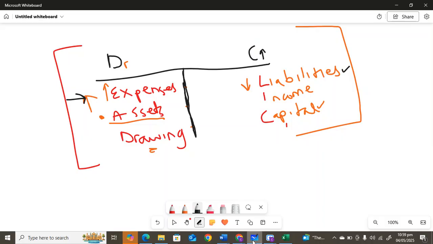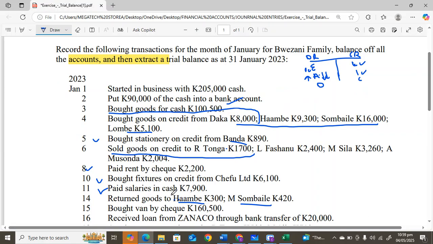If expenses increase with debit, then a contra expense increases with what? Yes, credit. So you credit purchase returns and you debit Hambe, and also you debit Sombaile, while crediting purchase returns for each transaction.